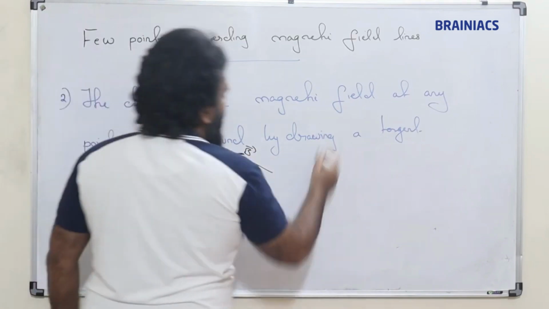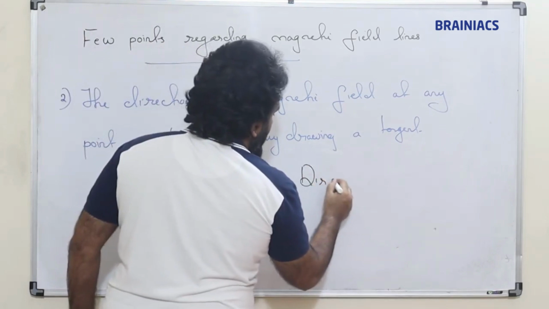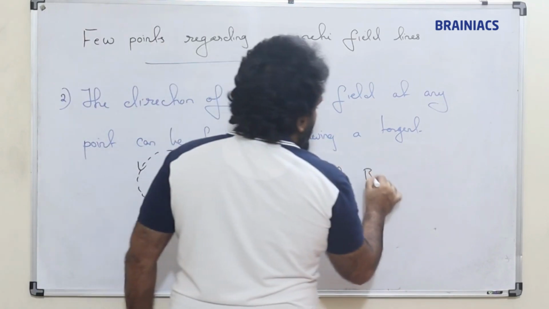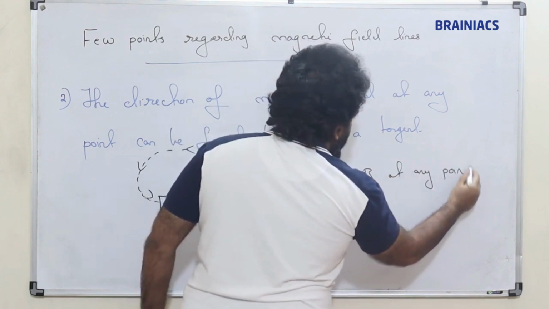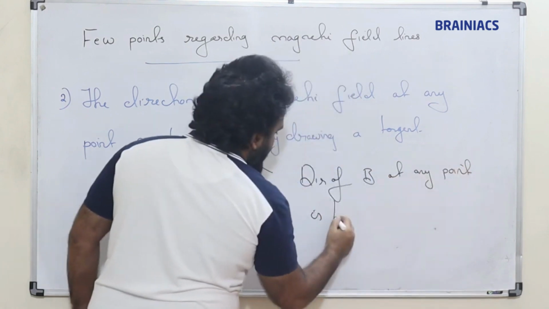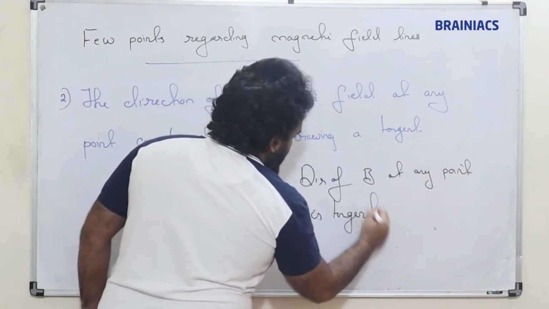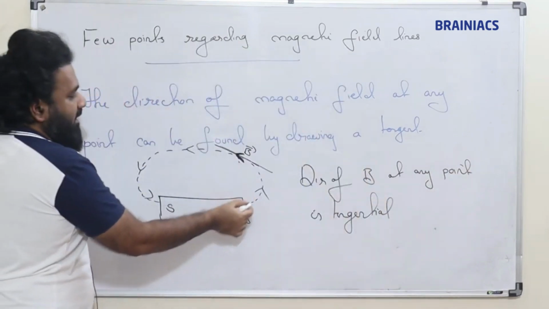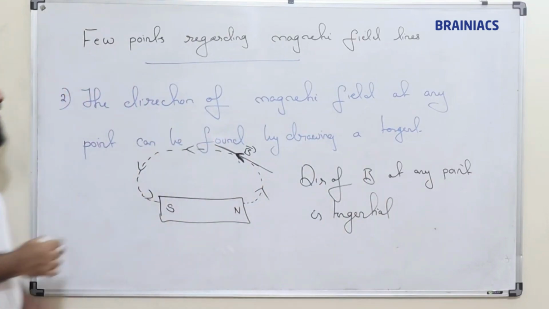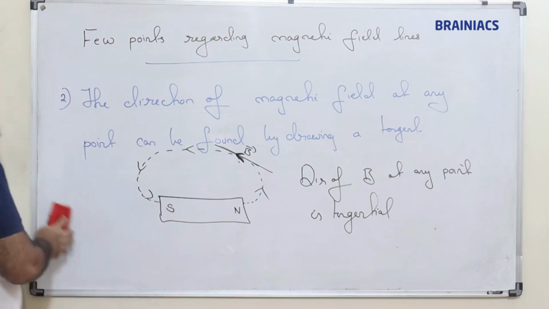So the direction of magnetic field at any point is tangential. But we should keep in mind that outside it is from north to south. This is the second point. Okay, pause the screen and note it down.